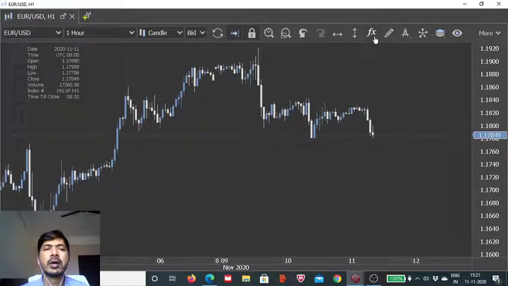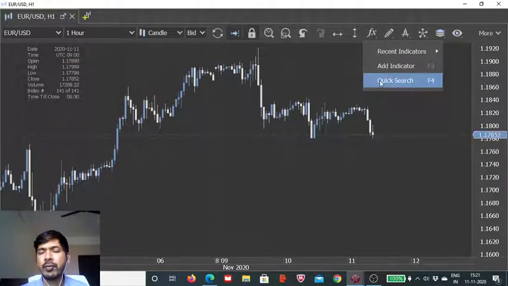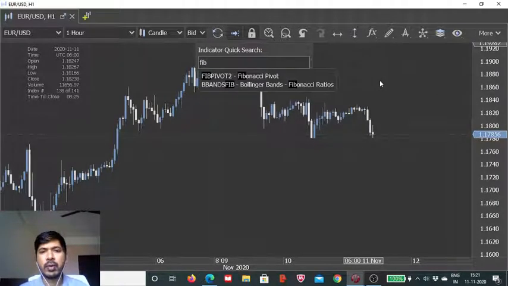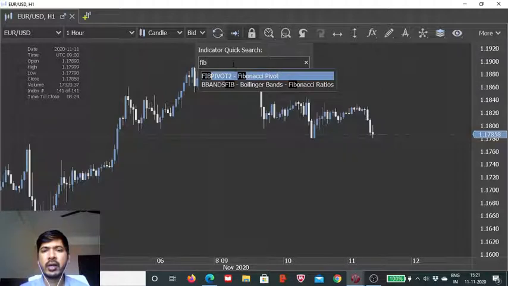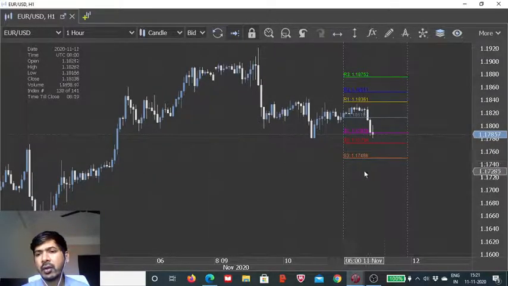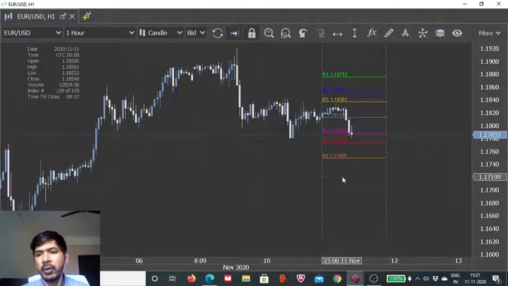So here is the JForex platform. We will do a quick search for the Fibonacci pivot point. Here it is. Okay, so this is the Fibonacci pivot point.